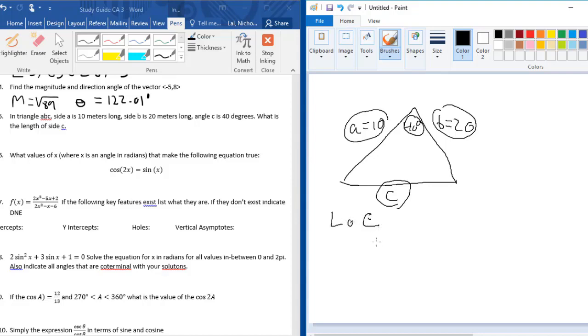Law of cosines: side C is equal to the square root of a squared, 10 squared, plus b squared, 20 squared, minus 2ab, minus 2 times 10 times 20, times the cosine of my angle, which is 40.